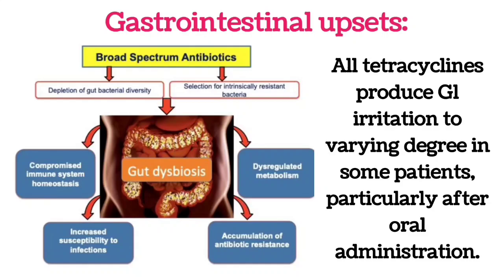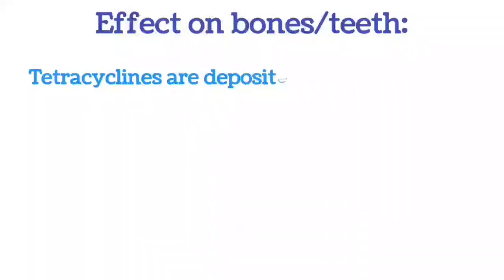The oral administration of tetracyclines may lead to fatal diarrhea in horses and indigestion due to deleterious effect on rumen microbes in ruminants. Effect on bones, teeth. Tetracyclines are deposited in growing teeth and bones due to their chelating properties with calcium.